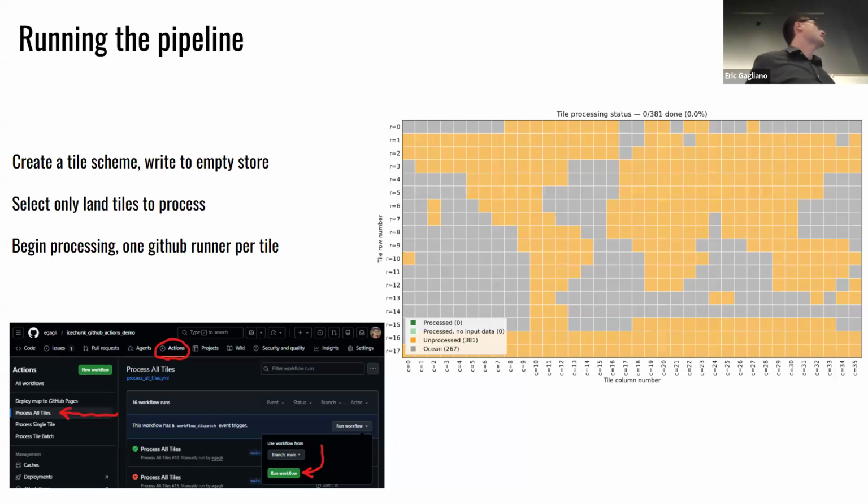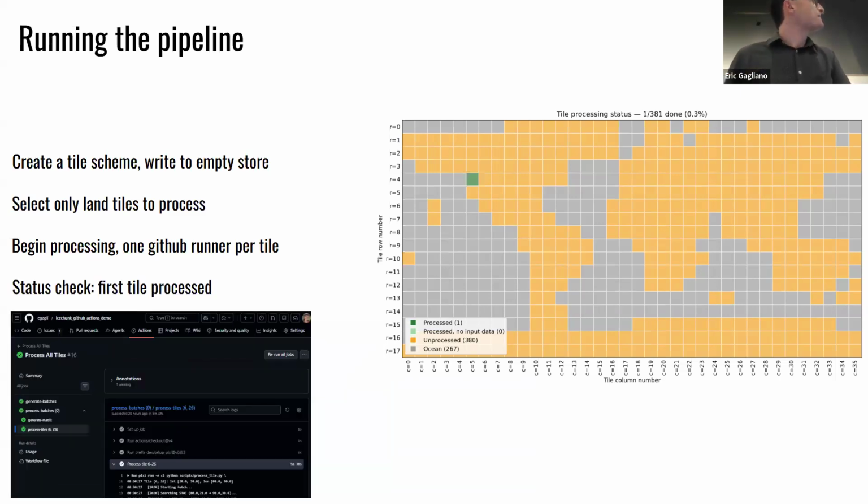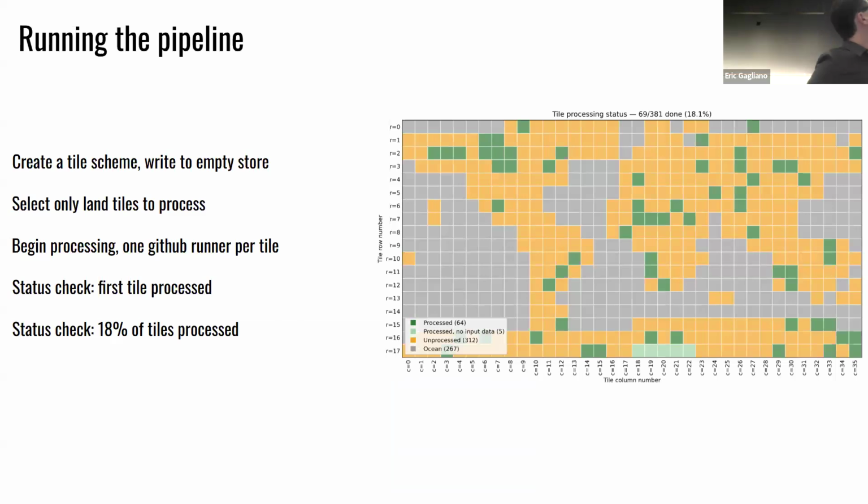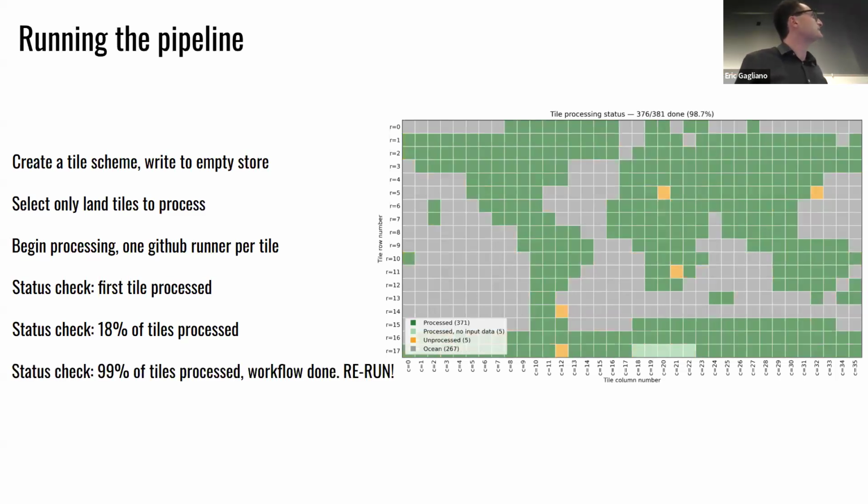So we go to our actions tab in our GitHub repository, and we've created these actions where we can process all tiles, and it'll basically run this process tile GitHub action for all the tiles that haven't been processed yet. And you can see on that right plot that right now there's one tile processed, and what it might look like throughout the processing time, which is around 40 minutes for one of these example data sets.